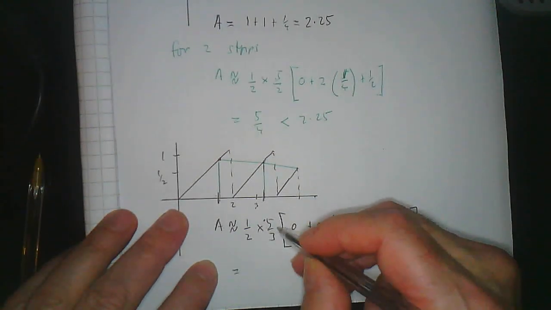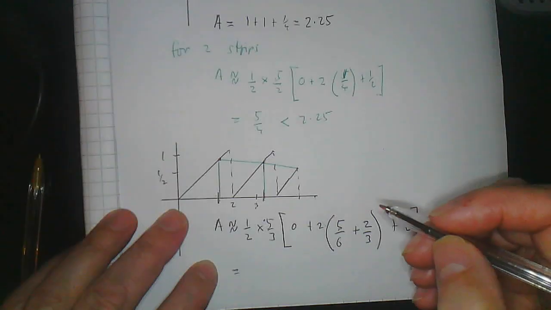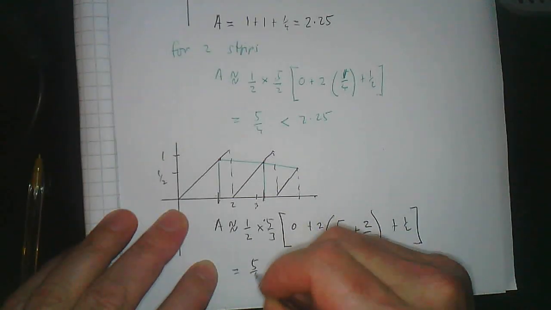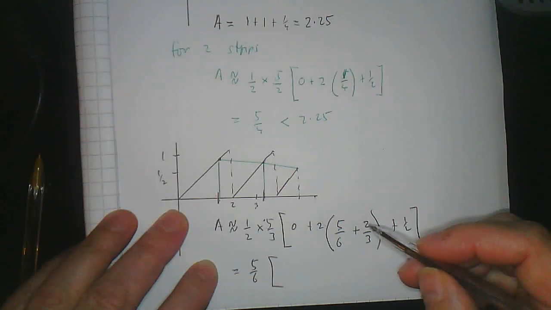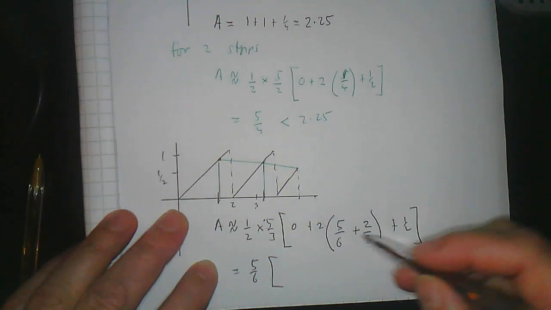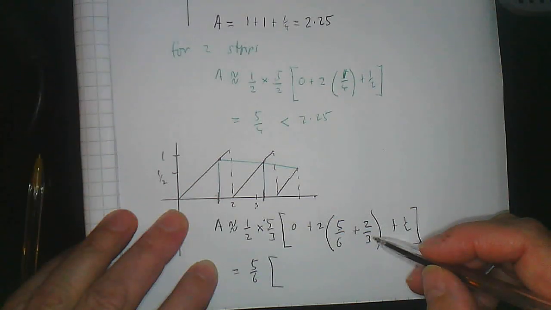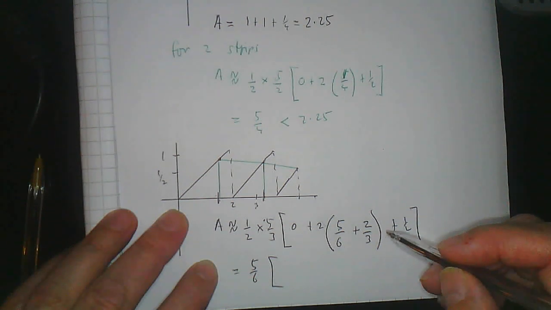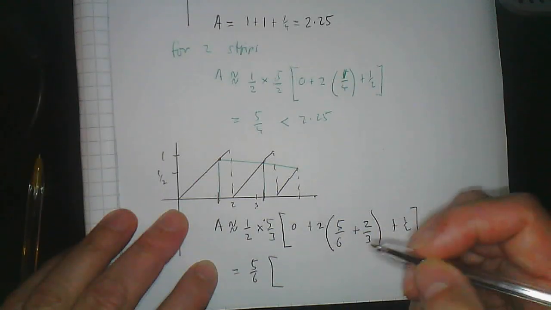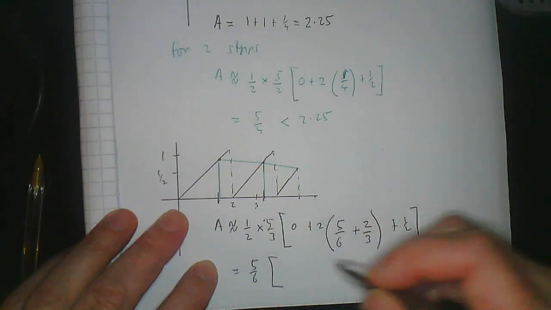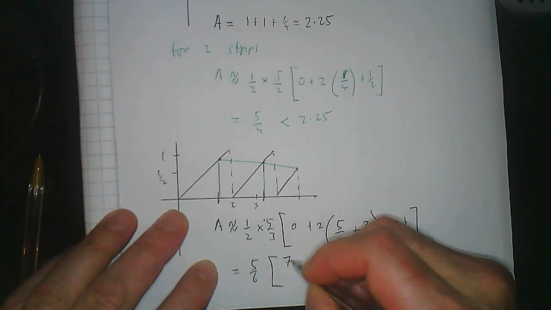Let's write this out. 5 over 6 times, what have we got in here? We've got 2 lots of this. So that's 5/6 plus 4/6 is 9/6. 9/6, 9/3 plus a half is going to end up being 7 over 2.